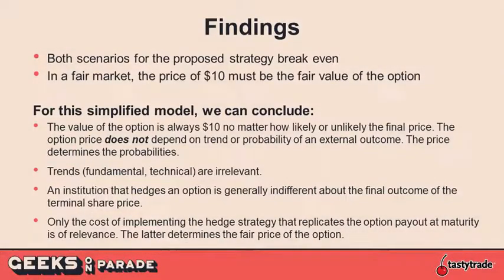Okay, it's out of the money. I still have to pay back the loan, and I break even too. So in either case, an institution selling an option in a fair market while hedging their risk can do that at zero risk. And the fair price of that strategy is 10 bucks.